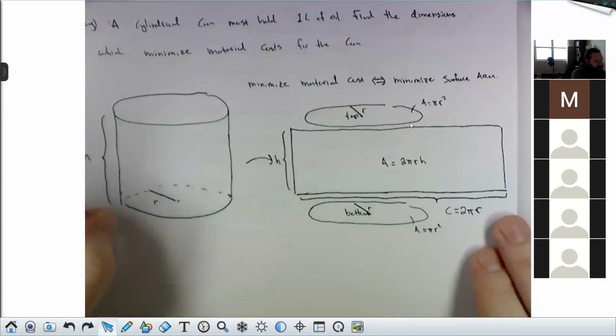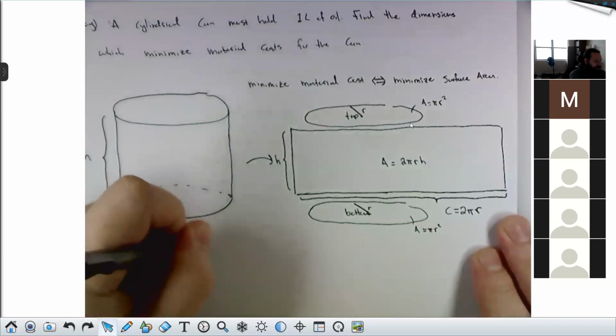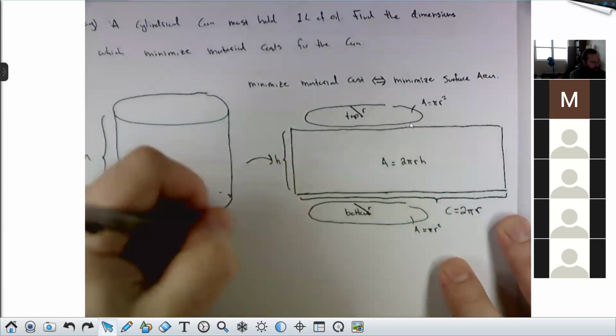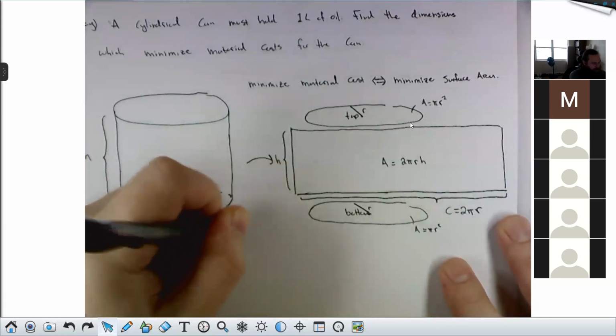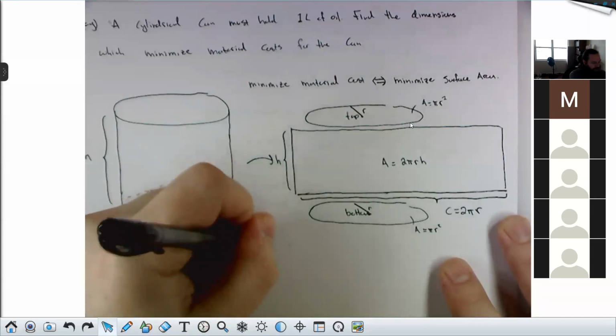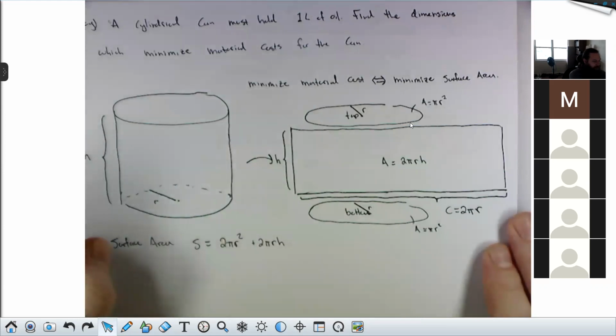So my total surface area, I'll call this S, is pi r squared plus pi r squared. That's 2 pi r squared plus 2 pi rh. And this is what I want to minimize.